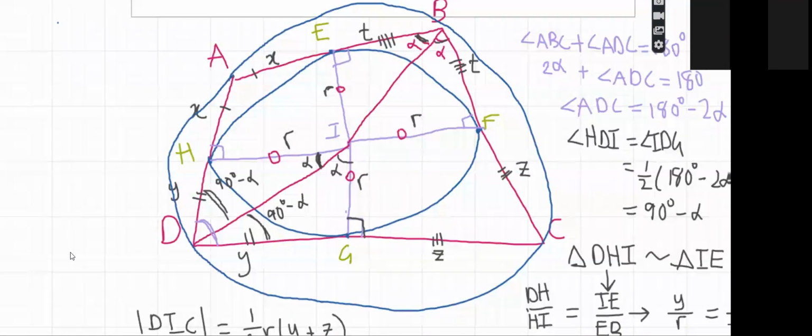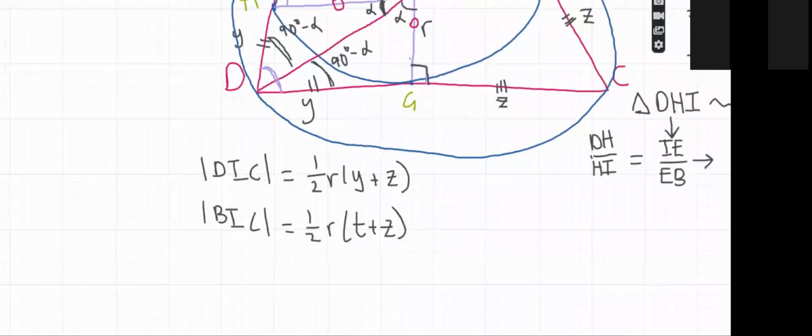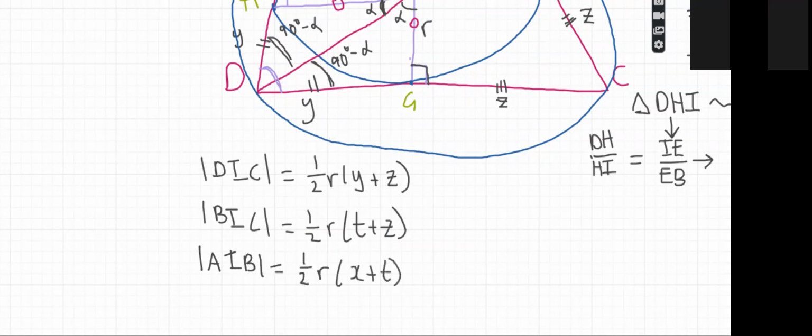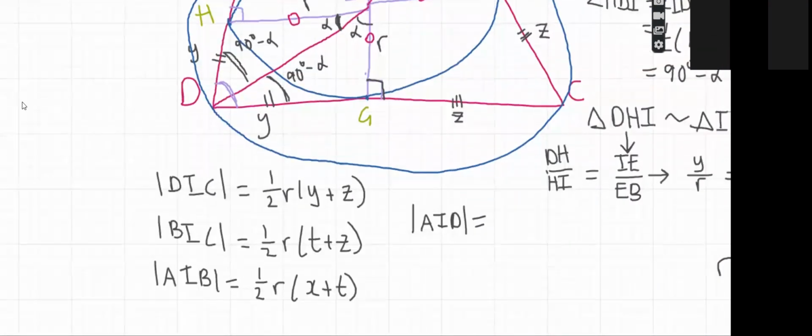The area of AIB is equal to half r (x plus t). And finally, the area of triangle AID is equal to half r times (x plus y).